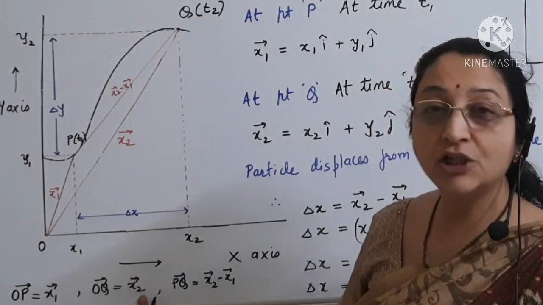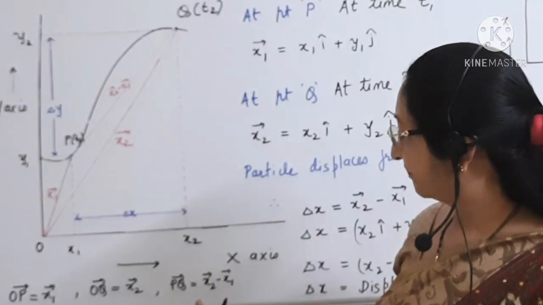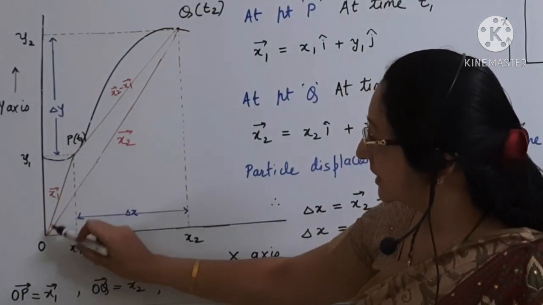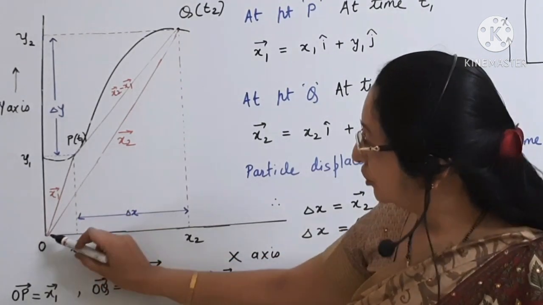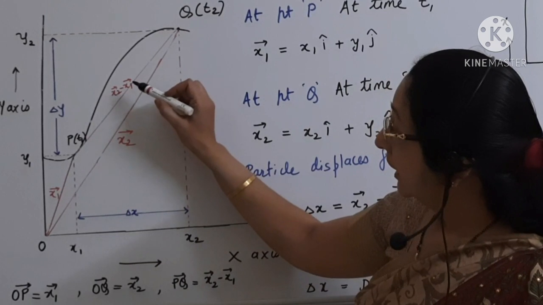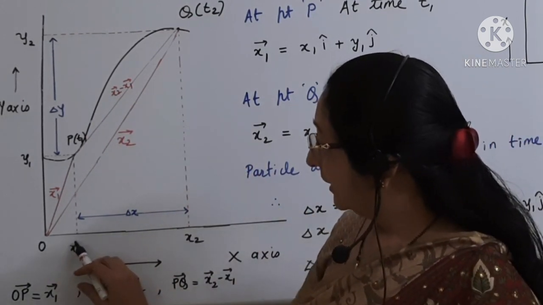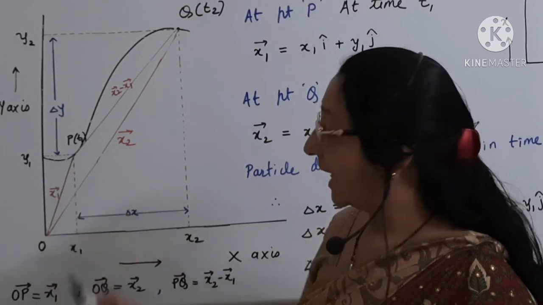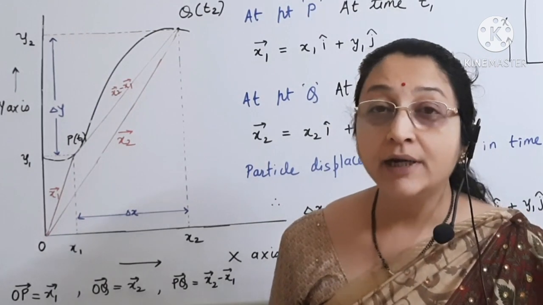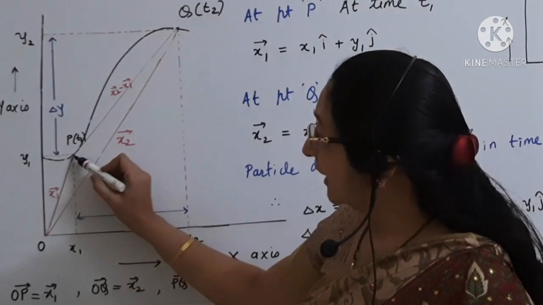This is the position vector of the particle when it is at point Q. Now, we join this OP, this is the position vector x1, we join OQ, this is the position vector x2. Now, initially, the particle, when it was at x1, when the particle was at point P, the components, the x and the y components of the vector x1.